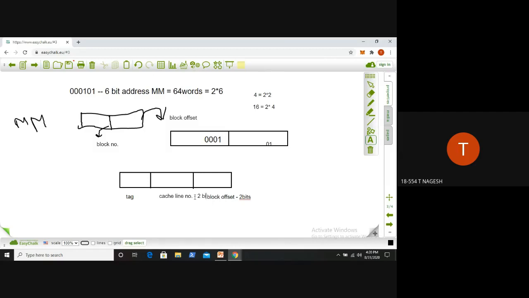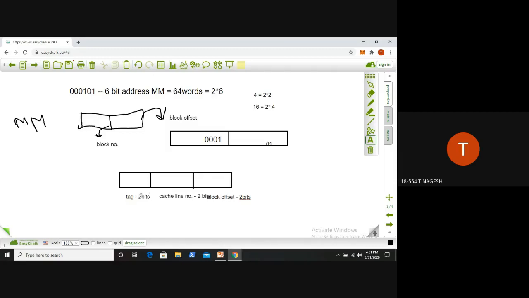So these two comprise 4 bits, right? This cache line number is taking 2 bits and block offset is taking 2 bits, and obviously the tag will take the remaining 2 bits.